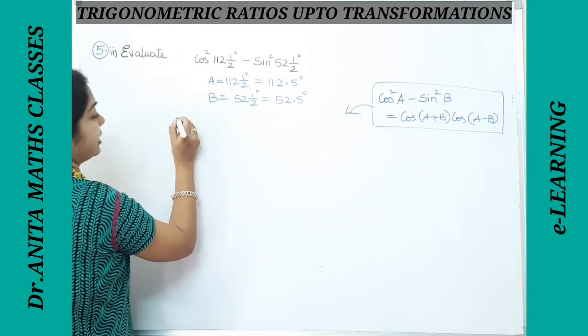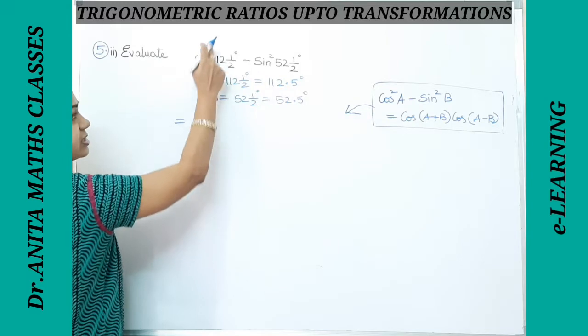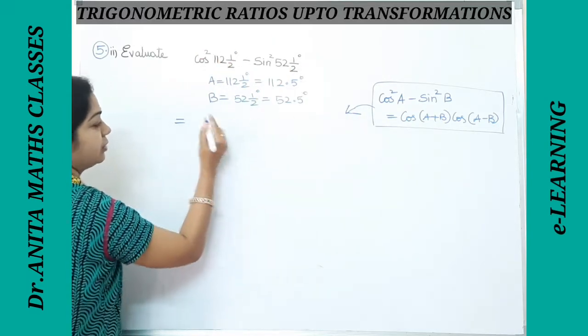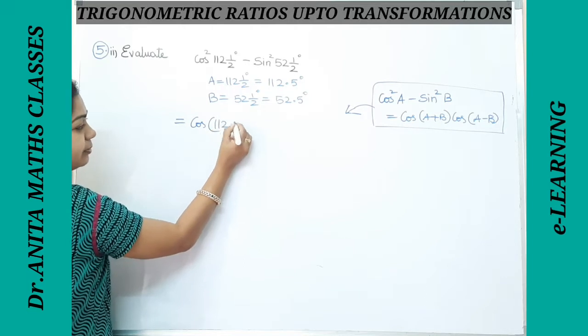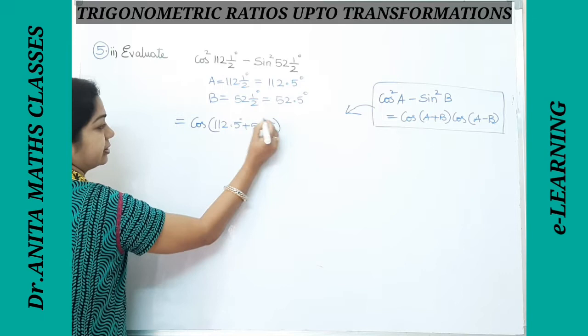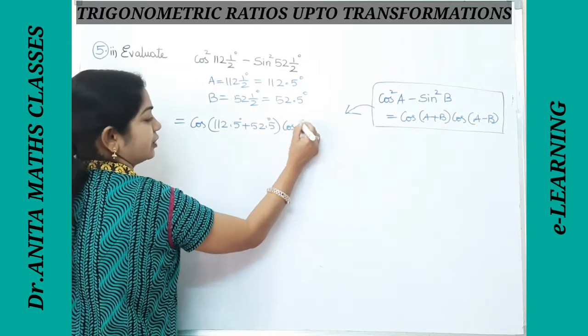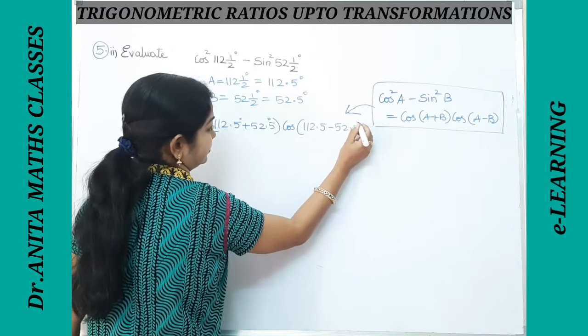Now directly I'll apply this formula, cos square a minus sin square b equal to cos of a plus b, cos of a minus b. Cos of 112.5 plus 52.5 degrees, and cos of 112.5 minus 52.5.